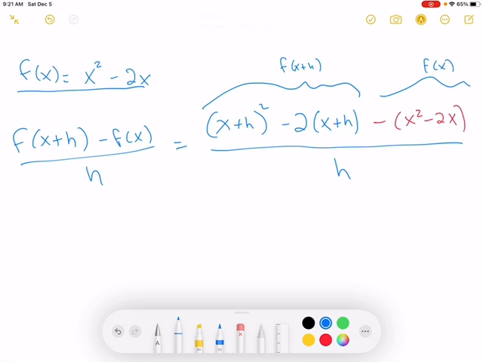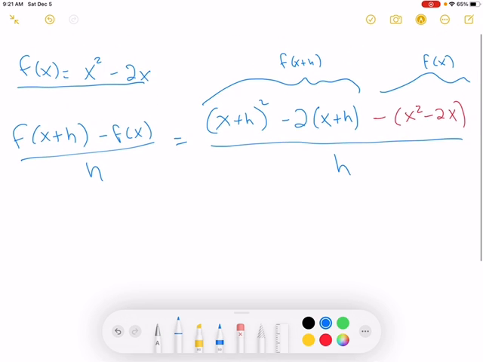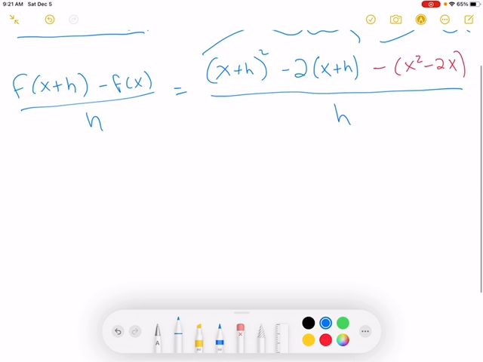All I have to do now is simplify all this. So x plus h squared. Make sure you guys know this is what it means. You're going to multiply h times x.